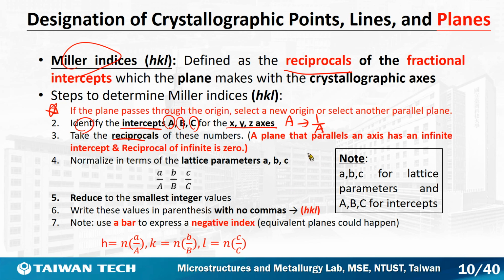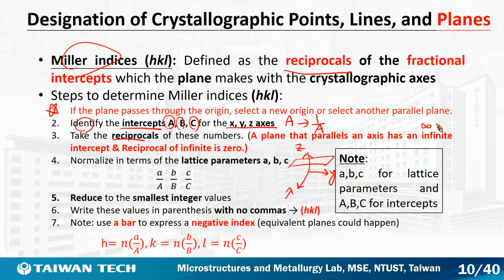For example, this is X, Y, and Z. A plane parallel to the axis, let's say this plane. This plane is parallel to X and Y, so you can't find an intercept. So the intercept would be infinite.